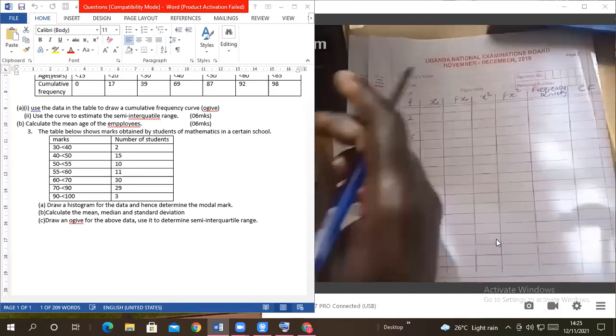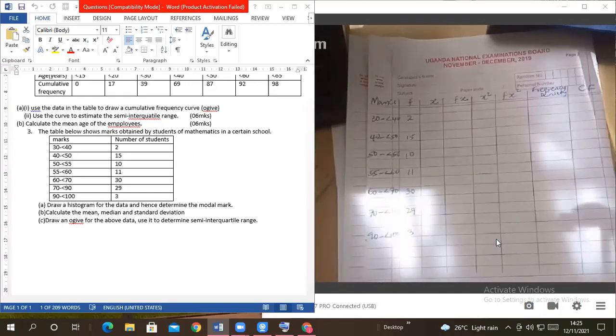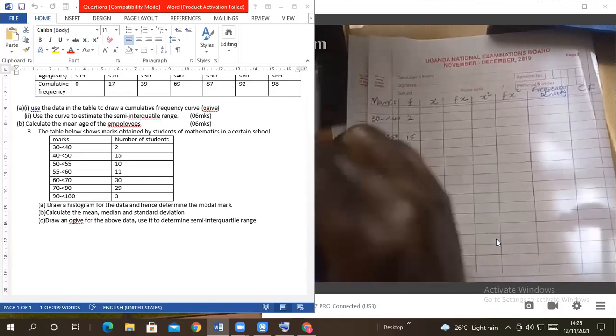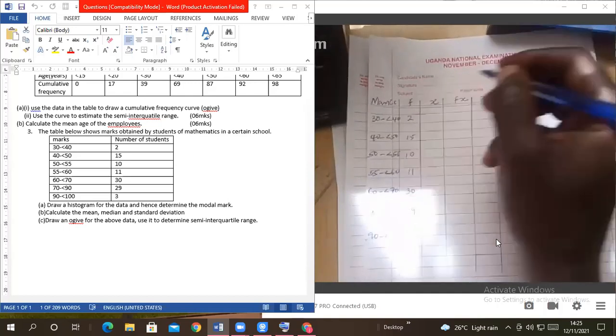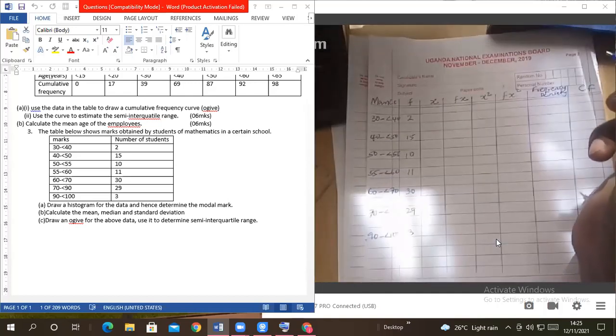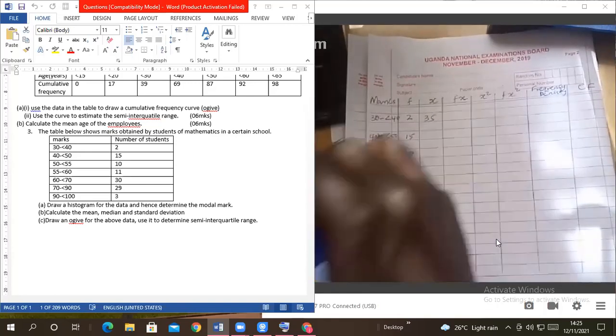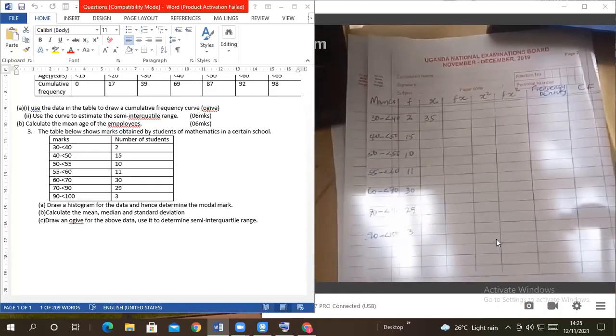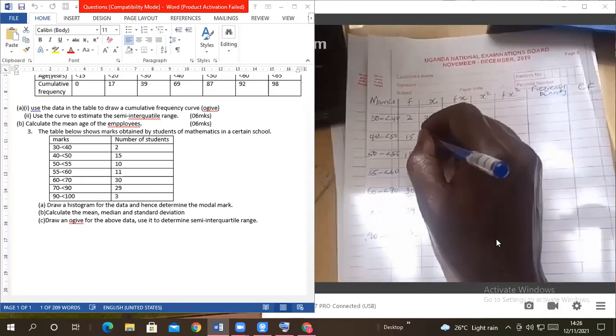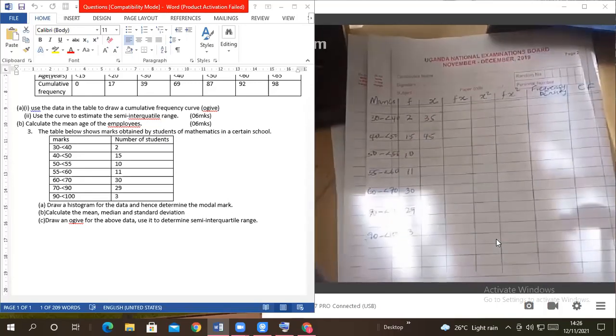Someone get for us x very fast. What do we get? Midpoint there. It's 35. Someone get the next. 45. Next, like that, so that we don't waste time.